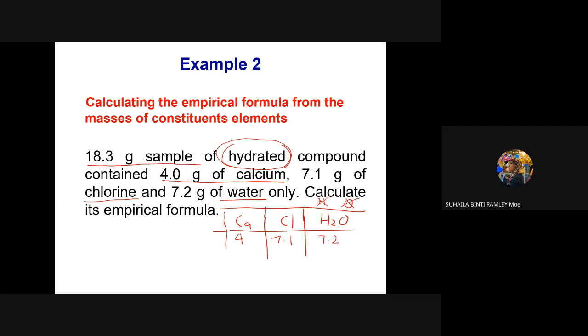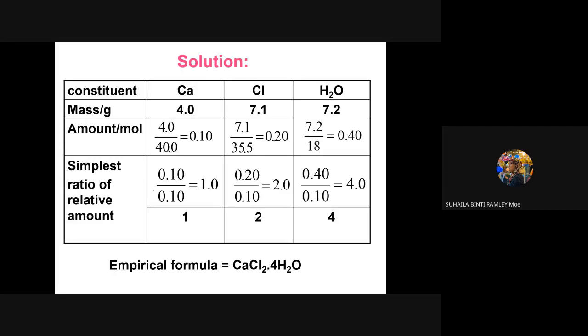Okay, so step macam sama tadi, kamu calculate for mole. Divide by AR. For water, 2 hydrogen plus oxygen 16, jadilah 18. Then calculate for mole, simplest mole, dan simplest ratio, so we have 1, 2, and 4. So for hydrated compound, indicate by this dot.